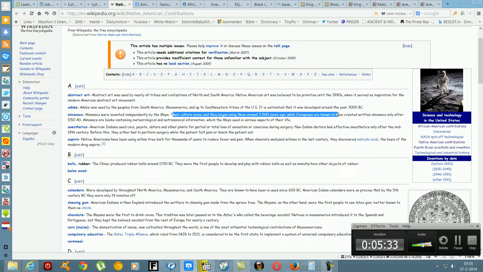While Europeans are known to have created written almanacs, you see, it was a book only after 1150 AD. Almanacs are books containing meteorological and astronomical information, which the Maya used in various aspects of their life, which goes back into the scriptures.